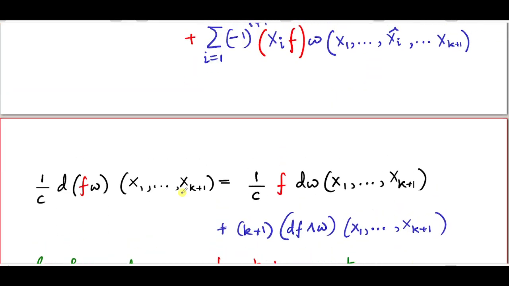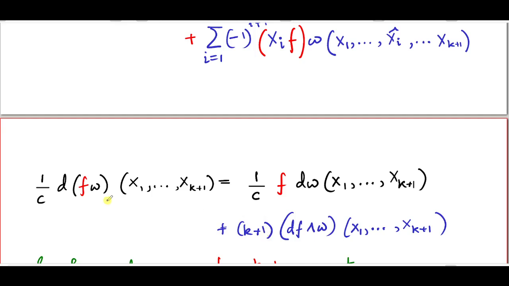And this additional piece, as we have already argued before, I don't really want to repeat that argument now, is nothing but the wedge product of df with omega given all of these arguments up to a factor of k plus 1.